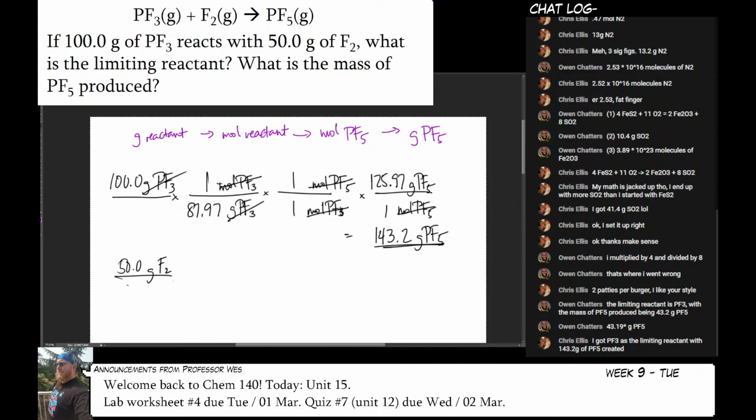And we can do the same thing with the second one. So I don't know what F2 is. F2 is what, 38? Well, Lentech will tell me. 38.00. Yep. And so, again, 1-to-1 there.